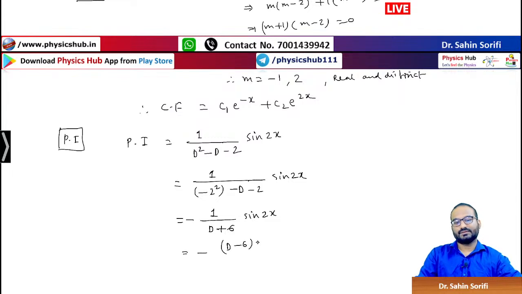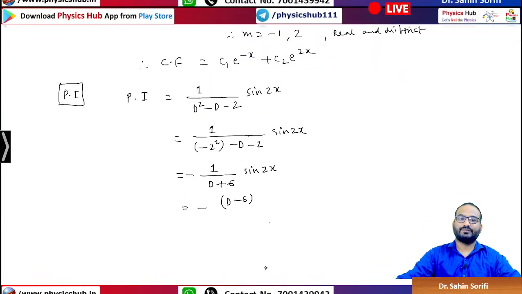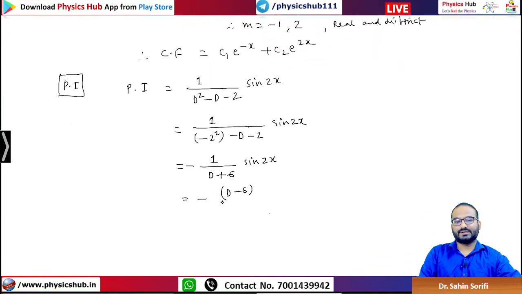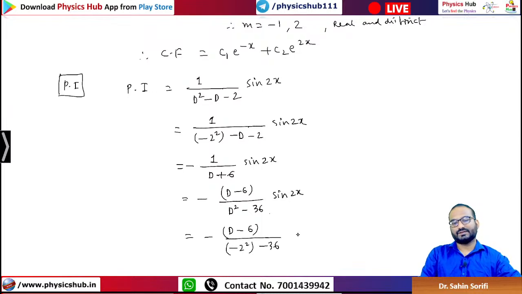Below, D plus 6 times D minus 6 is D square minus 6 square.